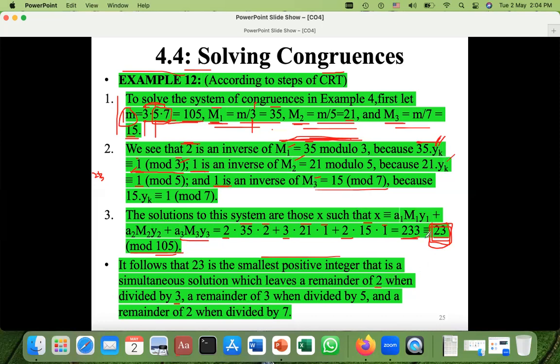When you divide 23 with 5, you will get 3 as remainder. When you divide with 7, you will get 2. This is the question which was asked before, and you have the solution now. This 23 is the solution.